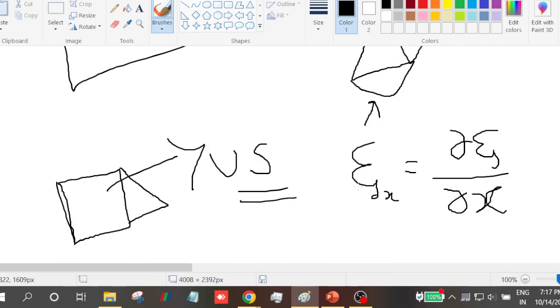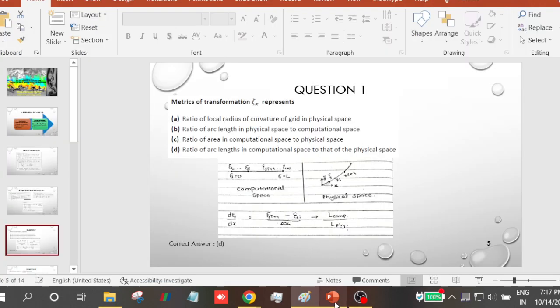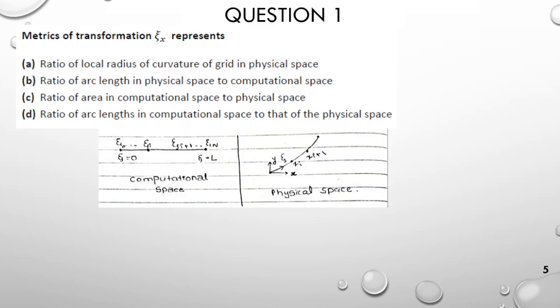Pictorially, say we have a simple curve in a one dimensional domain in the xy plane, then we convert it to the zeta eta plane, and now we are concentrating only on zeta. So we have zeta naught and then zeta n, in between we have zeta i plus 1. Similarly in the xy plane also we have x i plus 1, something like that.